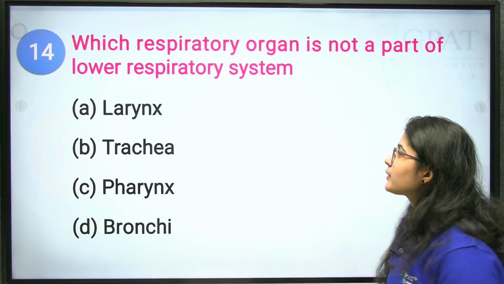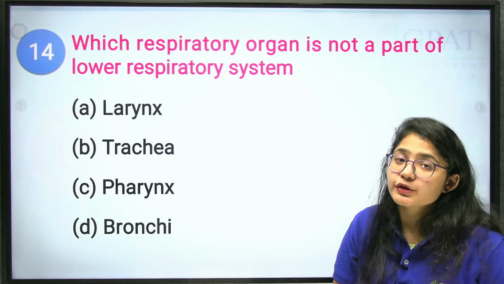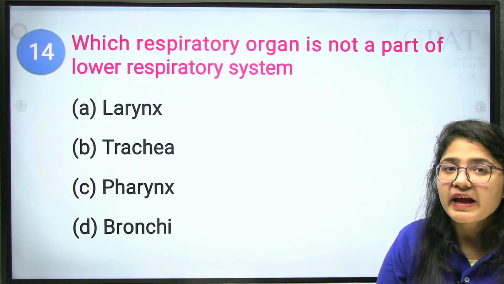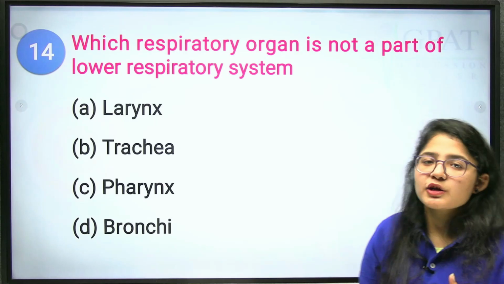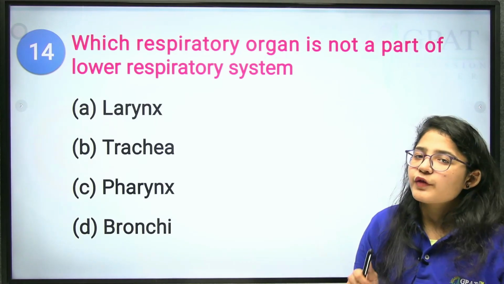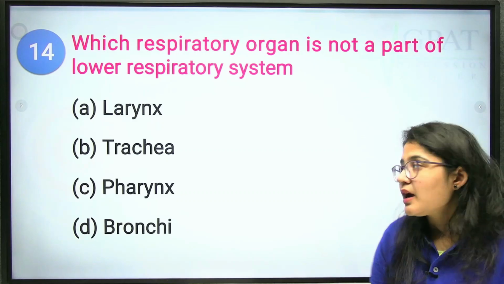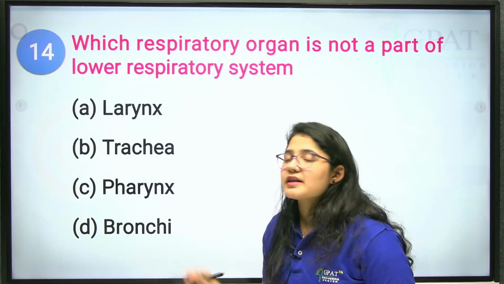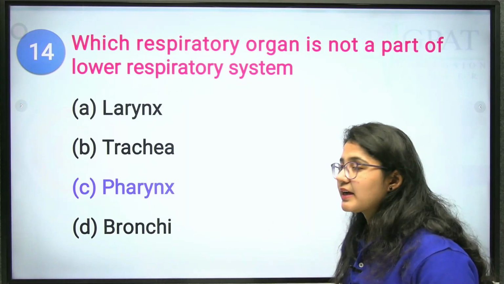The question is asking which of the following parts is not a part of your lower respiratory system. The lower respiratory system consists of your trachea, bronchus, bronchioles and alveoli, as well as your lungs. But the pharynx is not part of your lower respiratory system.